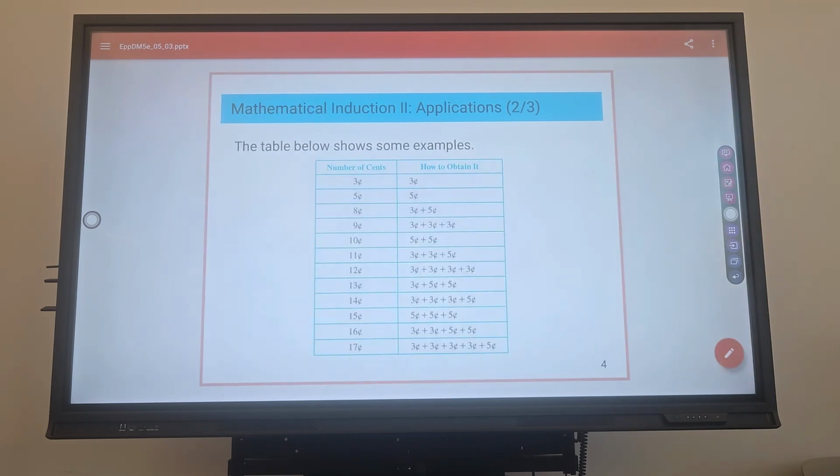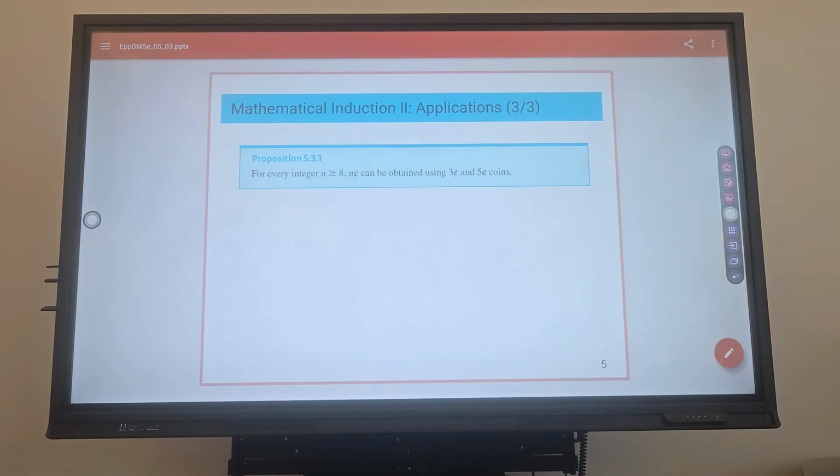Well, here's some examples. Others are possible as well, but for every proposition, for every integer n greater than or equal to 8, n cents can be obtained using 3 cent and 5 cent coins.